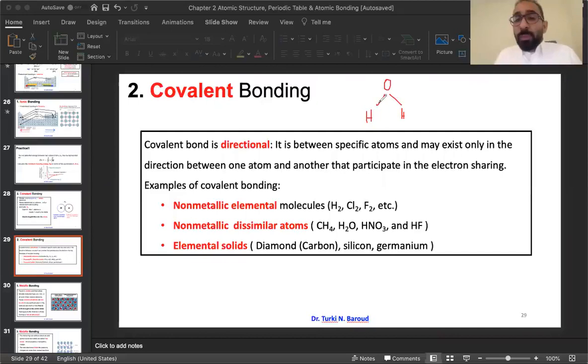Now, the bonding between this oxygen and hydrogen is a covalent type of bonding. It's directional, with a certain angle between these 2. Again, remember, this is a covalent bonding between the O and H inside the molecule, right?